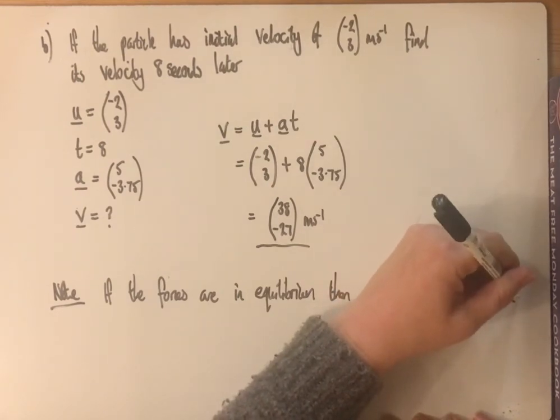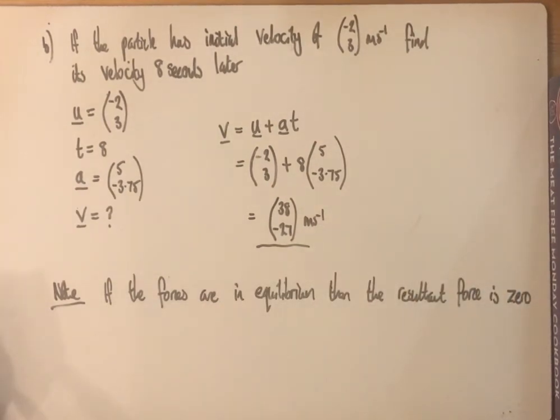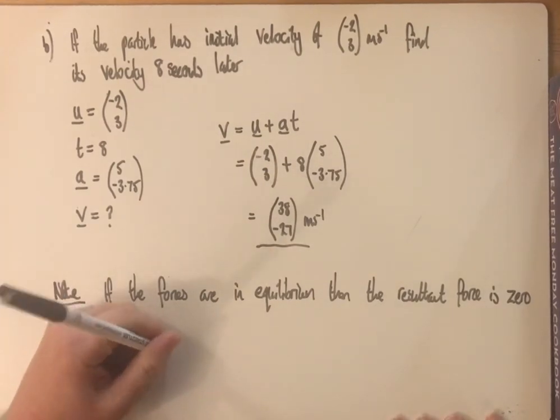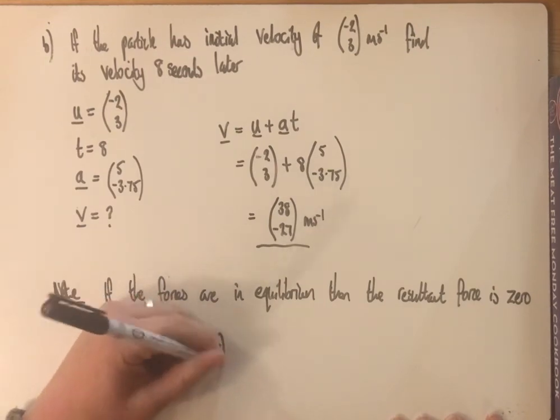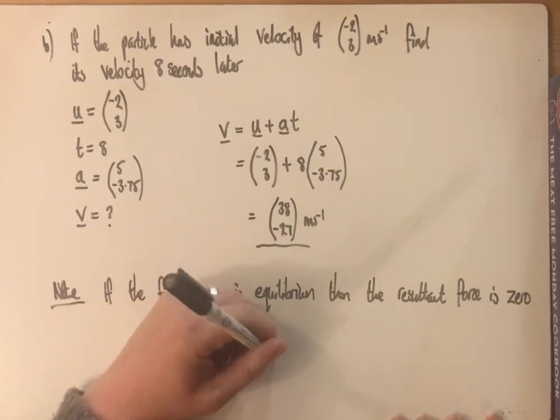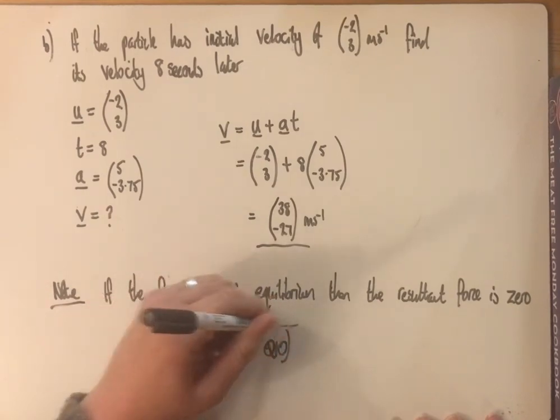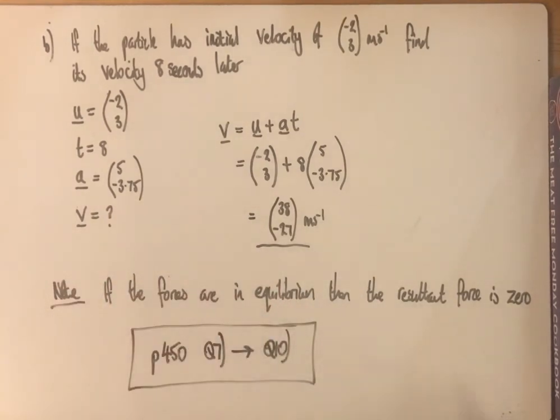So when you add up your vectors, you'll get 0. So if you could work through page 450, question 7 through to question 10. It's just a little bit of work on F equals ma and seeing that with vectors.